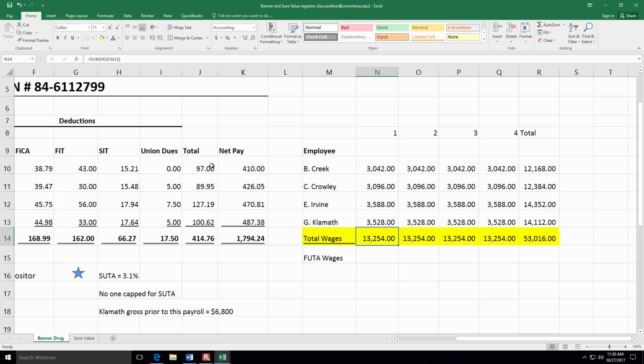How much of his third quarter wages, in fact, were susceptible to FUTA? That's the next question. See if you can get that. If we all agreed that the entire 3,042 isn't what is taxable for FUTA, how much of it is taxable for FUTA?